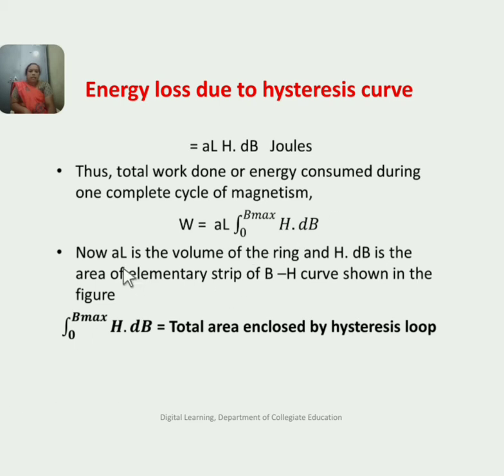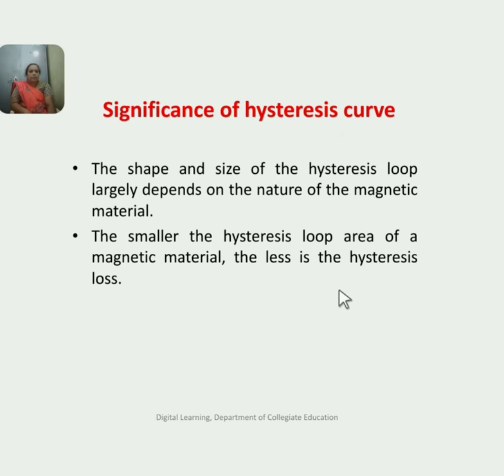Now, AL is the volume of the ring and H dB is the area of the elementary strip of the BH curve, which is shown in the figure. And lastly, we get this final expression. Total energy loss due to hysteresis curve is given by the total area enclosed by the hysteresis loop.